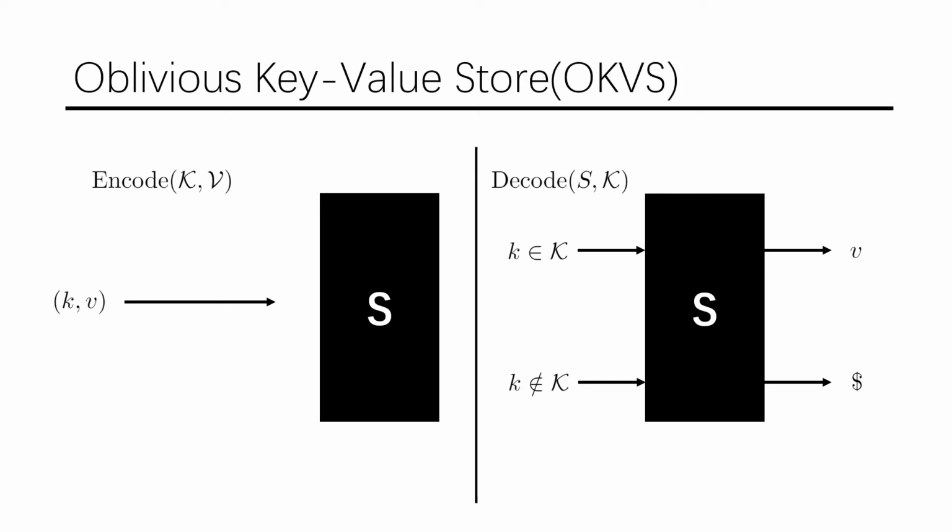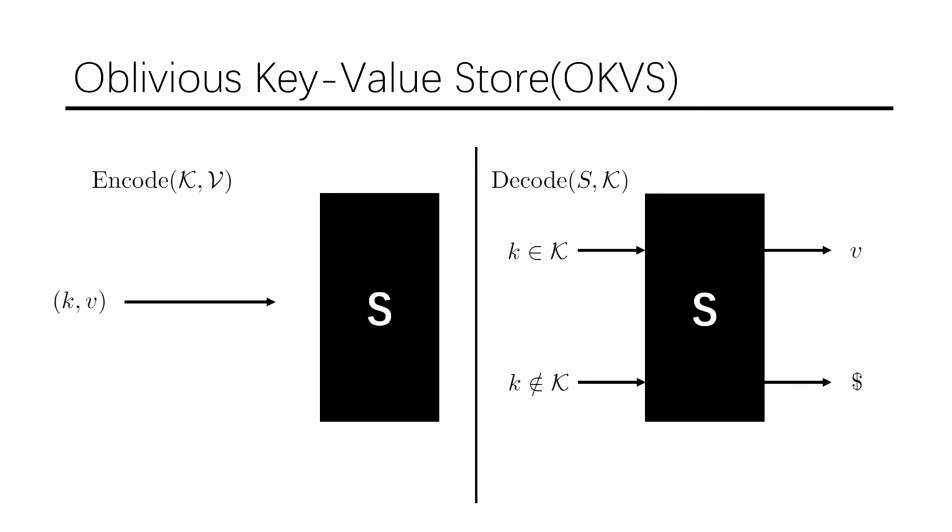The state-of-the-art MPSI protocol is built based on oblivious key-value store and OPRF. Oblivious key-value store, or OKVS for short, is a data structure with two functions, encode and decode. Given a set of n key-value pairs, we can encode them into an object S, and later we can use this data structure S to retrieve our key-value pairs.